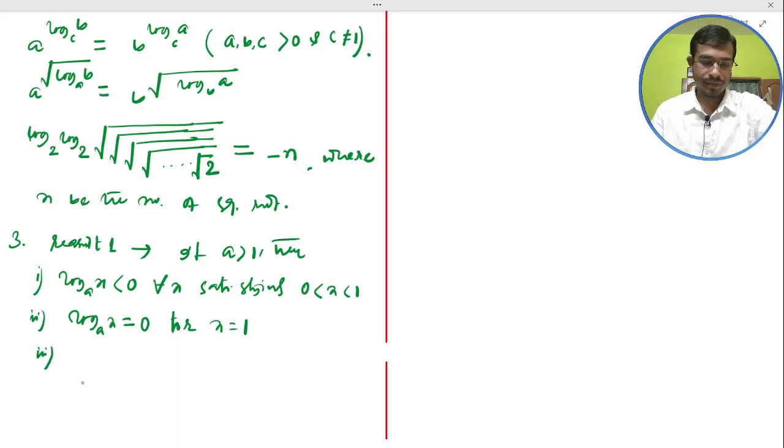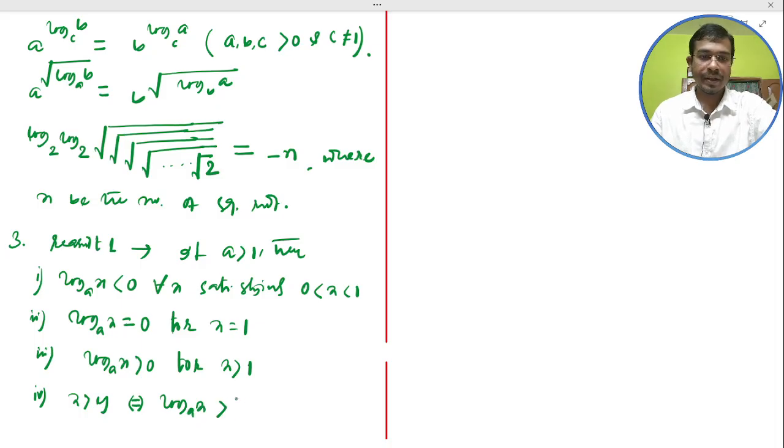Number 3, log x is greater than 0 for x greater than 1. Last, number 4, x greater than y is equivalent to log x greater than log y.